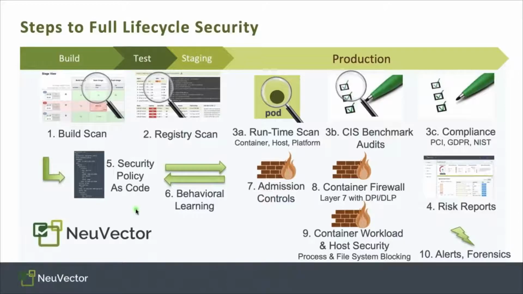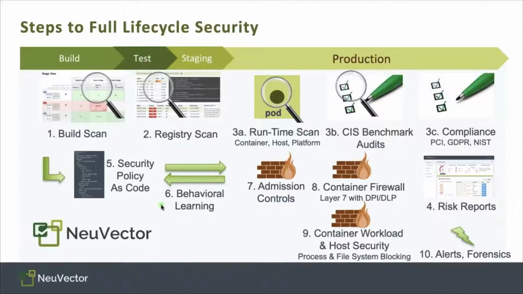Now, on the other parts of the key steps for integration, I'm going to talk about how security policies as code and behavioral learning can work together to really enable the dev and DevOps team to declare their runtime security policies early in the pipeline in the dev process, and then push those into the runtime environment.